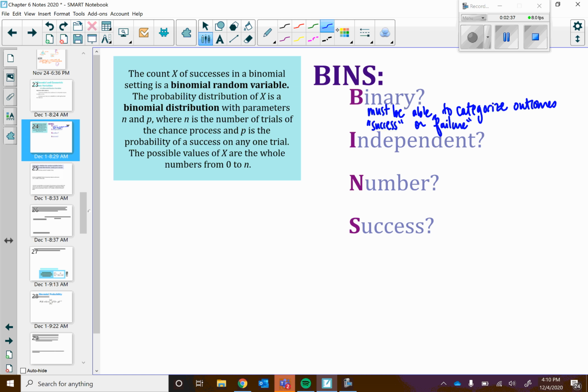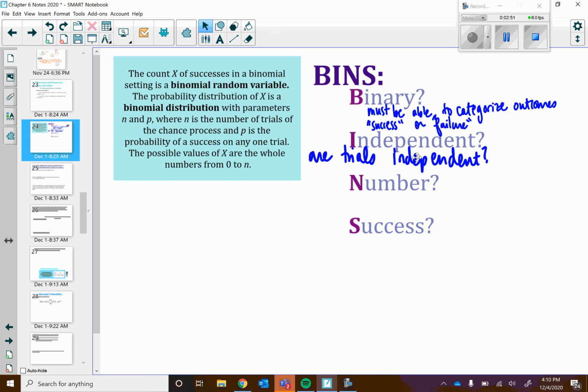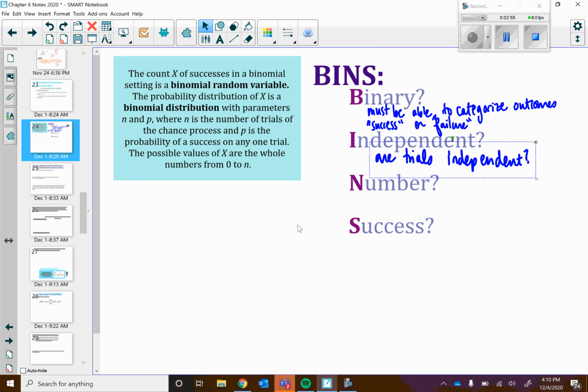Second question, independence. Are trials independent? We know what it means to be independent, right? It does not influence the next trial. If both of those things are true, if the outcomes are either yes or no, success or failure, if the trials are independent, then the next thing we're going to check is the number of trials is fixed ahead of time.